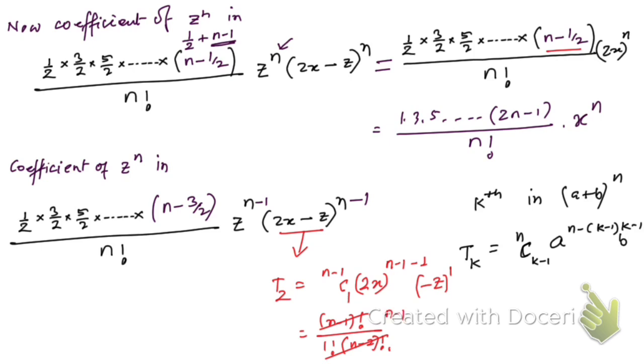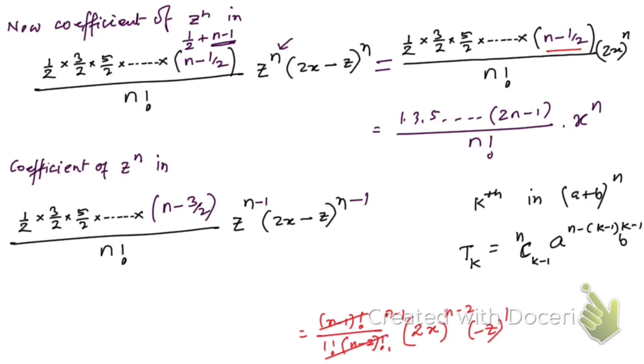So n minus 1, then we're going to have 2x whole to the power n minus 2, then minus z to the power 1. That is what we're going to have. Now let me clean these things. Hope you have understood this. Hope you know the concept of the binomial theorem.